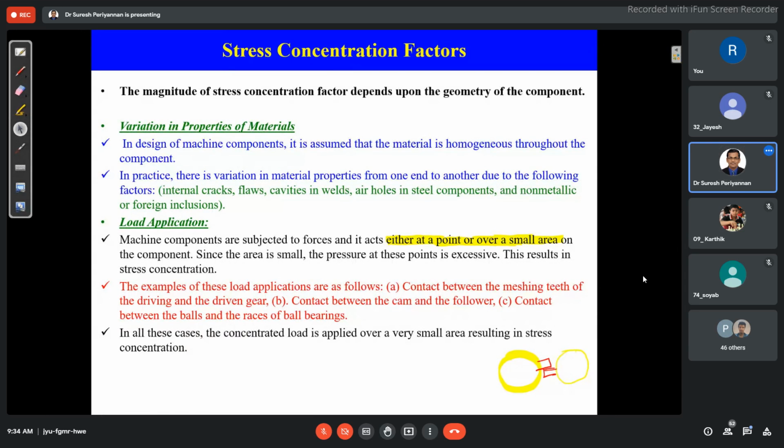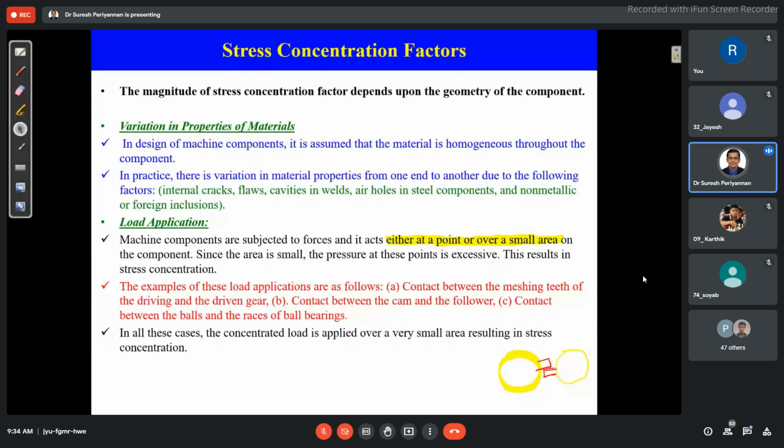Okay, now I come to abrupt changes in section. For example, take a simple shaft. The shaft is connected to the motor for transmitting the power. Both ends of the shaft will be connected to bearings, and the shaft will be connected with pulleys, right? When the shaft is connected to the bearing, the cross section has to change. We make a stepped shaft and then connect the bearings.